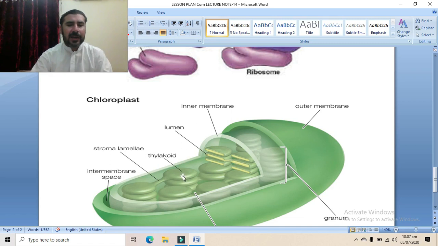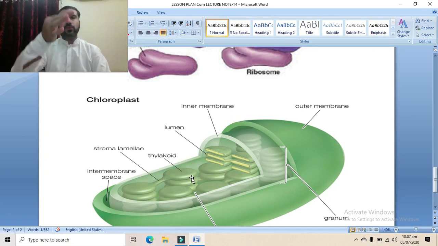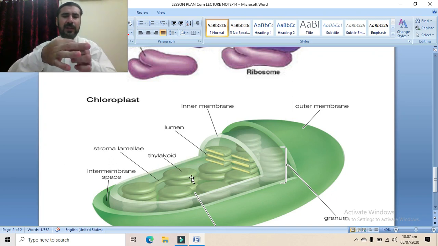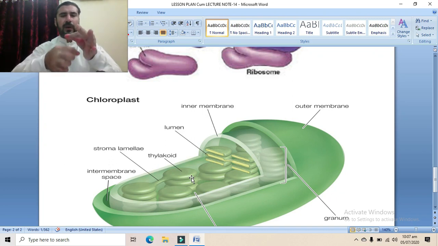When many thylakoids combine together, usually up to 50 thylakoids, they form a structure which is known as granum. This whole structure is called granum, and this one coin-like structure is called a thylakoid. There are several thylakoids, one above the other: 1, 2, 3, 4, 5, 6.